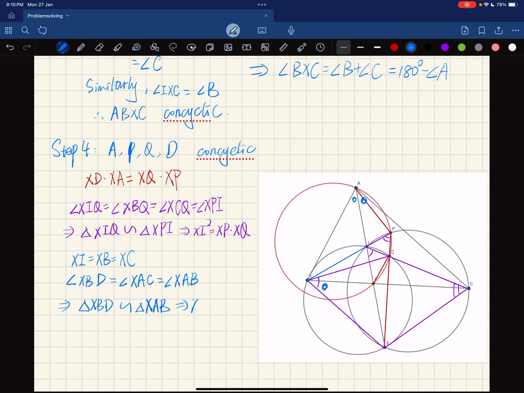And it shows that XB squared equals XI squared equals XA times XD. So we have shown that XD times XA equals XP times XQ. So D lies on circle APQ. So that's the end of the proof, and thank you for watching.